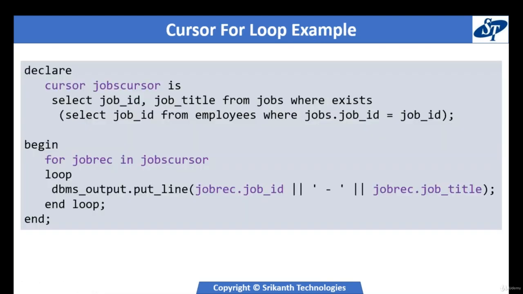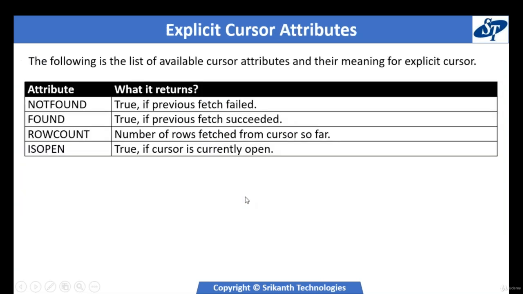Now, the cursor for loop, as we discussed, is using a record variable, and you have to access the columns using the record variable in this way. This is what we have seen already. Now, cursor is having 4 attributes.